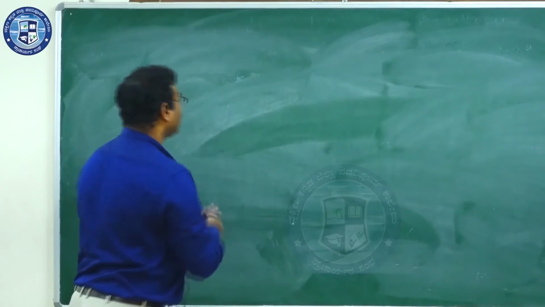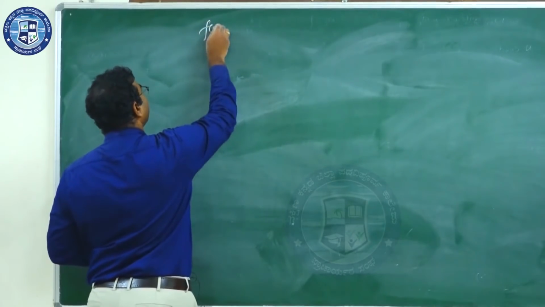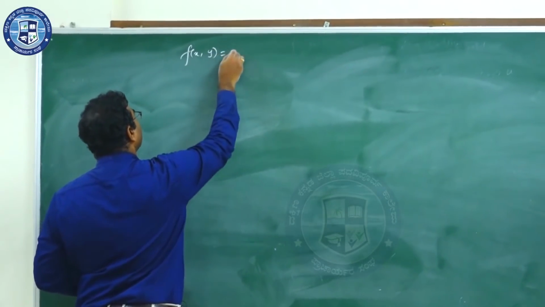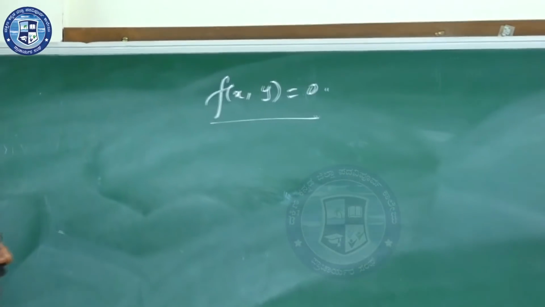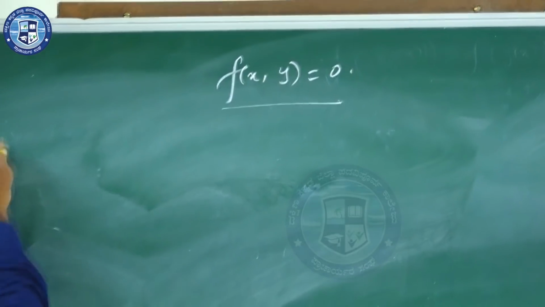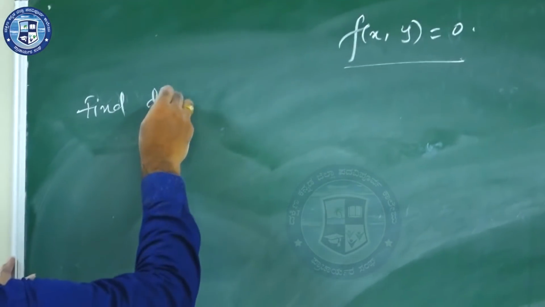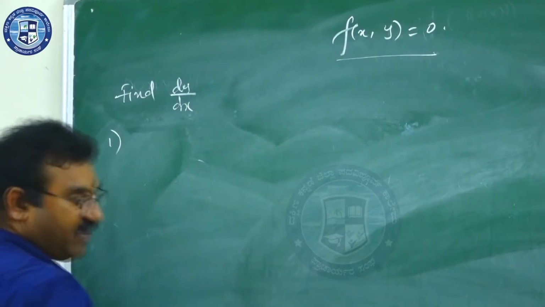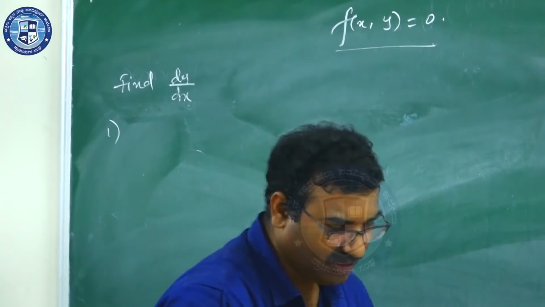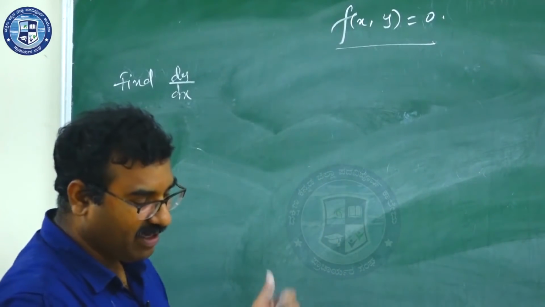So, in implicit functions they will give the function like this, f of xy is equal to 0. Okay. Now, we will see some problems. Find dy by dx for the following.